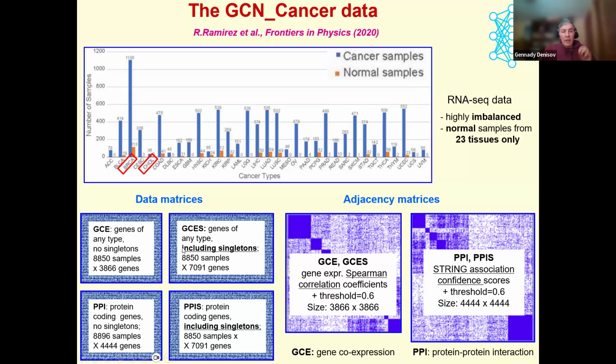The types GCE and GCES differ only in the presence or absence of singletons. And singletons indeed are either included or not included in the data set. It's just a set of input samples. And these same samples are used whether it's a graph convolutional network or a dense network.